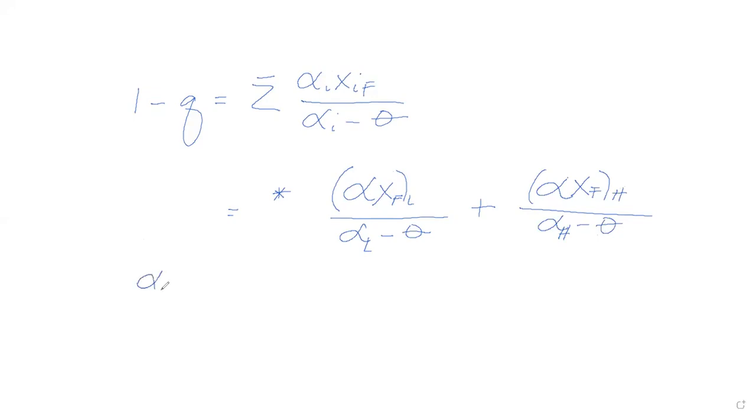Let's say for example, this would be the pure vapor pressure of the low boiling point component over the pure vapor pressure of the high boiling point component. If it's the other way around, if it's the alpha of the high boiling point component, that would be the pure vapor pressure of the high boiling point component over the low boiling point component.